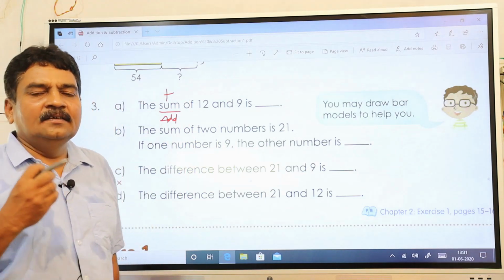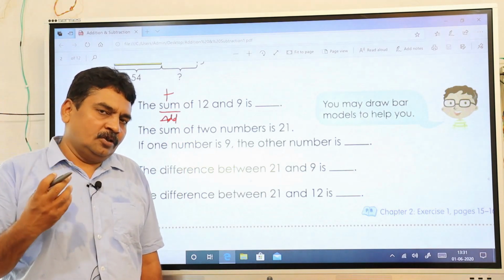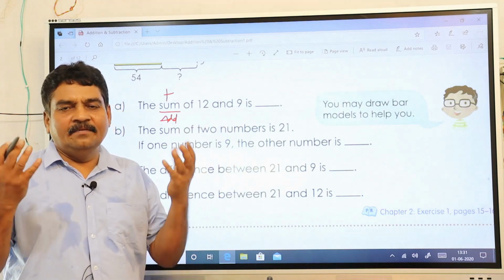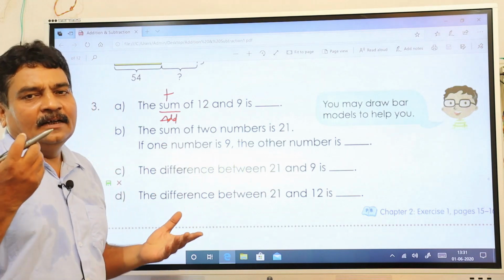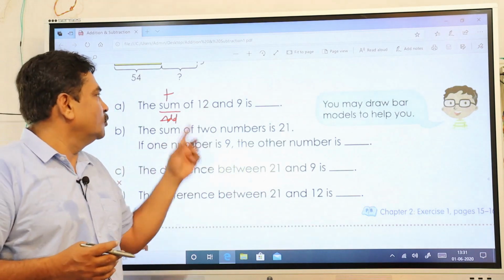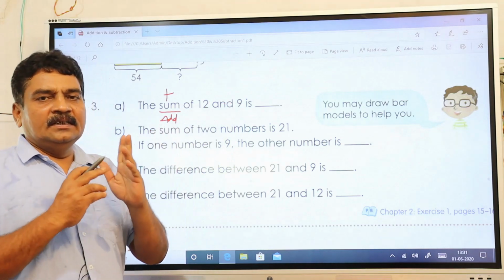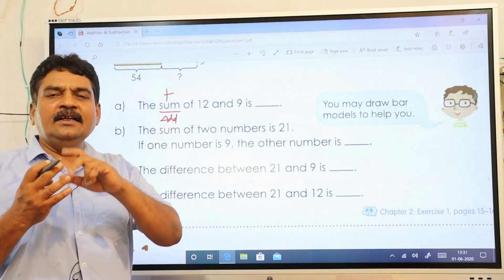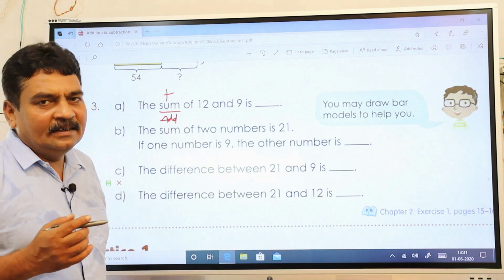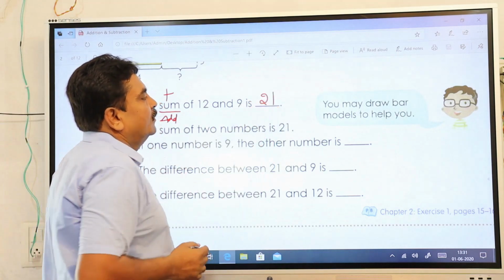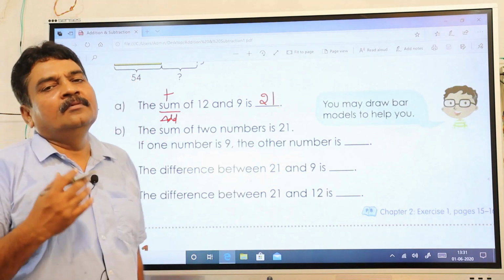So you first take the bigger number into your thought, that is 12. Then start counting 9. We know we have 10 fingers, right? So remove 1 and start counting. After 12, what do you get? 13, 14, 15, 16, 17, 18, 19, 20, 21. So the answer is 21. In this way you are going to write it down.